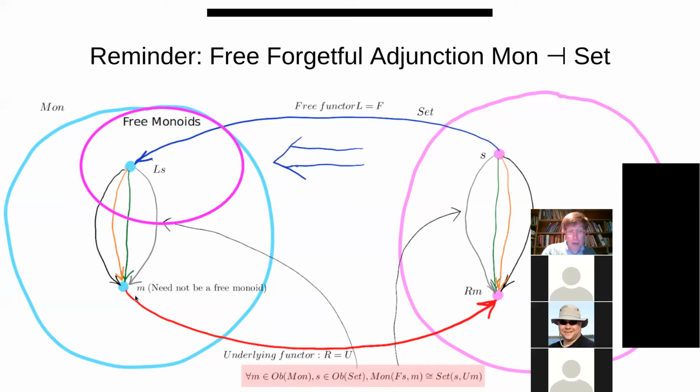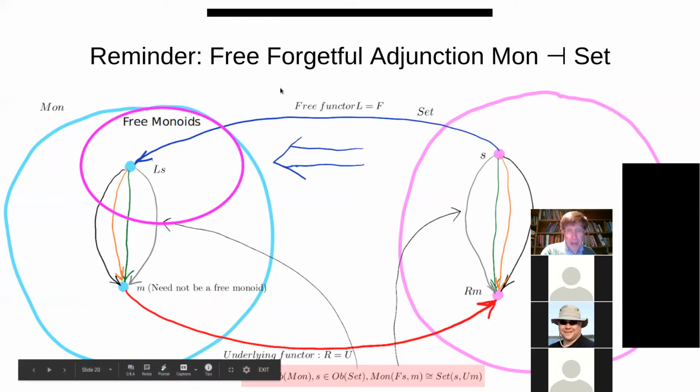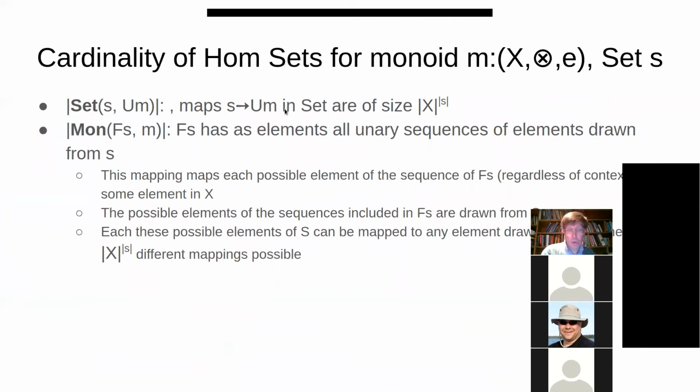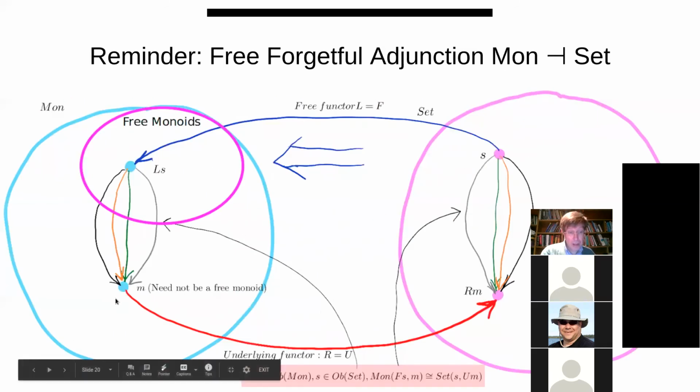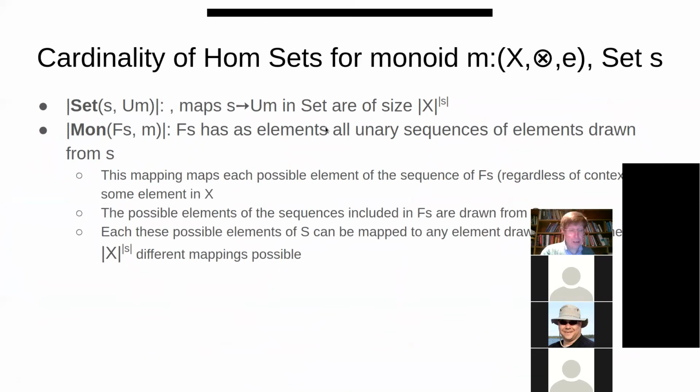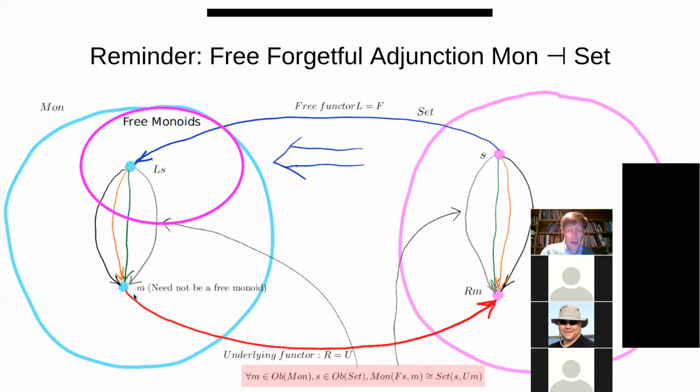What is Rm doing? Well, for an arbitrary monoid you picked, all the underlying functor, the forgetful functor, is doing is extracting the set from that monoid. So if this monoid over here is defined to be X with this tensor product E, if it is associated with some set X of elements, whether it's encoded in morphisms or not is irrelevant.